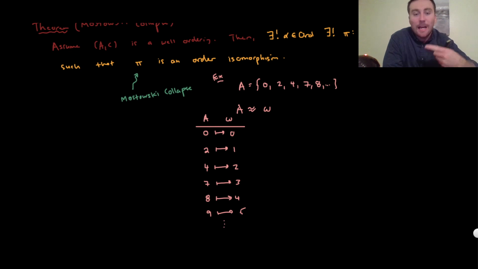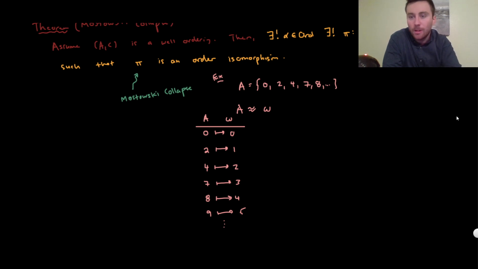Why is this called the collapsing lemma, or the Mostowski collapse? One thing to note is that whatever our A value is, the ordinal value we're outputting is always going to be less than or equal to it. So this right-hand column will always be less than or equal to the left-hand column. One way to think about what the right-hand side is doing is that it's keeping track of the index of the stuff on the left-hand side.